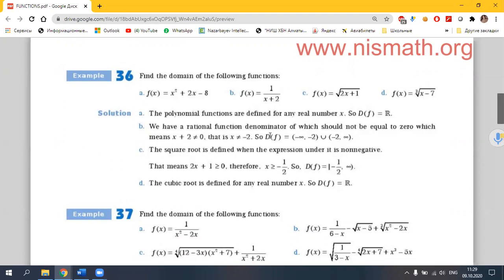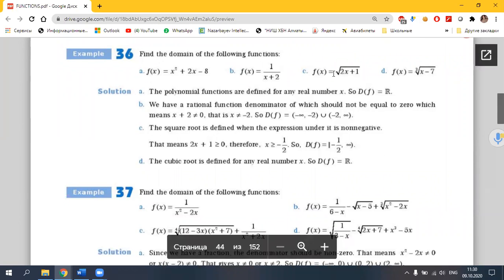So domain of function is negative infinity to negative 2, минус шексіздіктен минус 2-ге дейін, and union, қосындысы, жаңағы бір-біріне біріккен деген мағынаны білдіреді. Union negative 2 to infinity, минус 2-ден шексіздікке дейін.